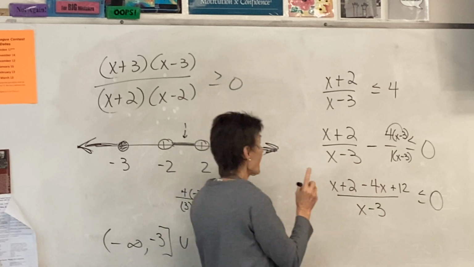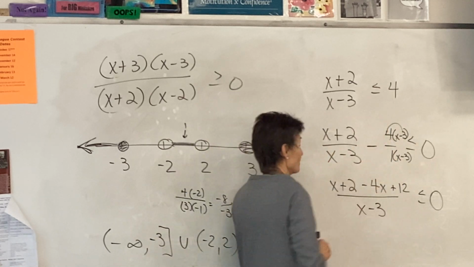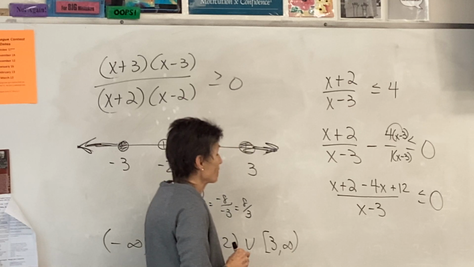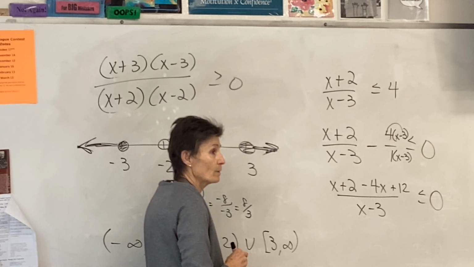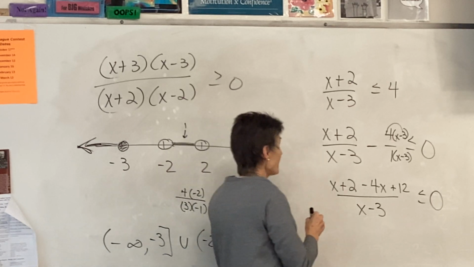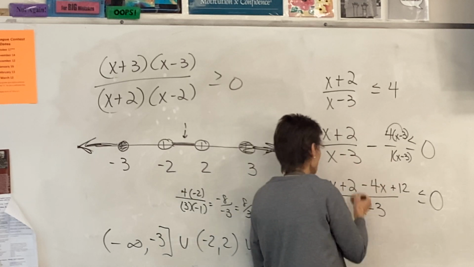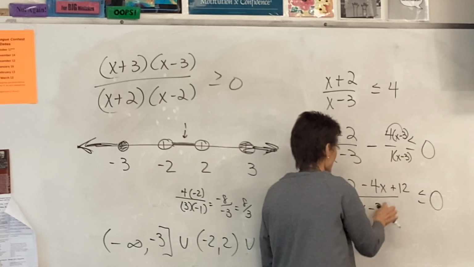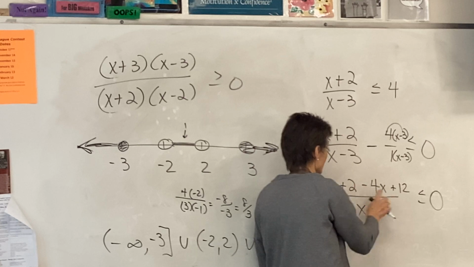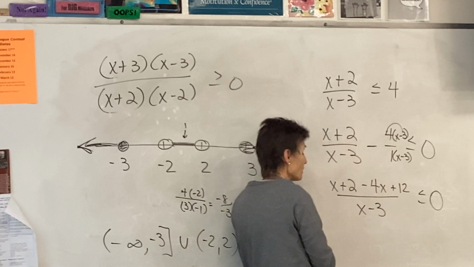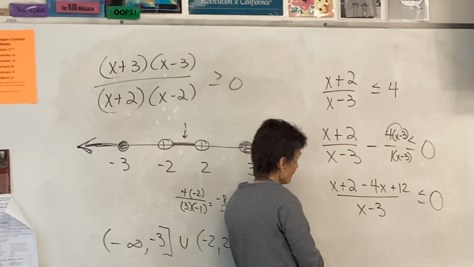Okay, so the first thing I had to do was move that 4 over to the other side. Okay? Then I've got to subtract these. I got to make one fraction, so I made my denominators match. Now, can I do anything with my numerator? Well, I like that.